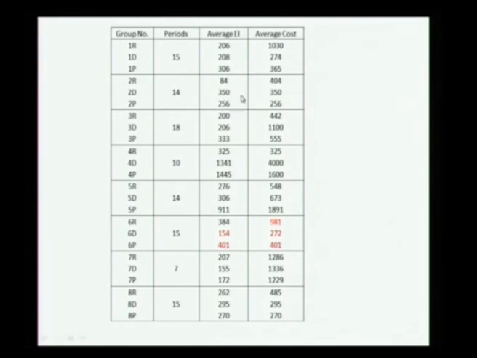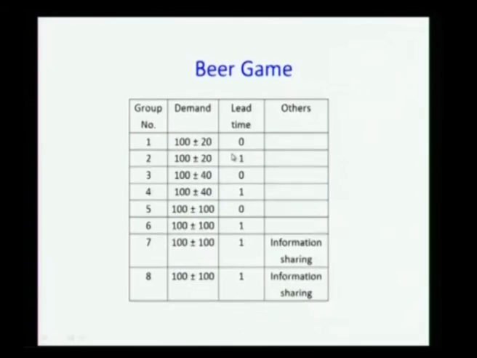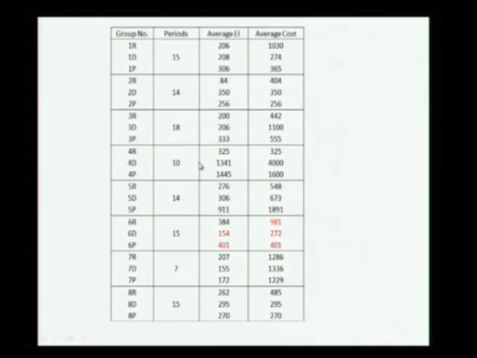Now if you see group 2, the average inventories are not comparable: the average inventory is very high here, a little low here and much lower here, which shows some kind of a bullwhip effect that is happening. Here in group 1 the average inventories are reasonably comparable. Group 3 has a higher variation than groups 1 and 2, and now we see that the average inventory in group 4 is much higher than that of groups 1 and 2.